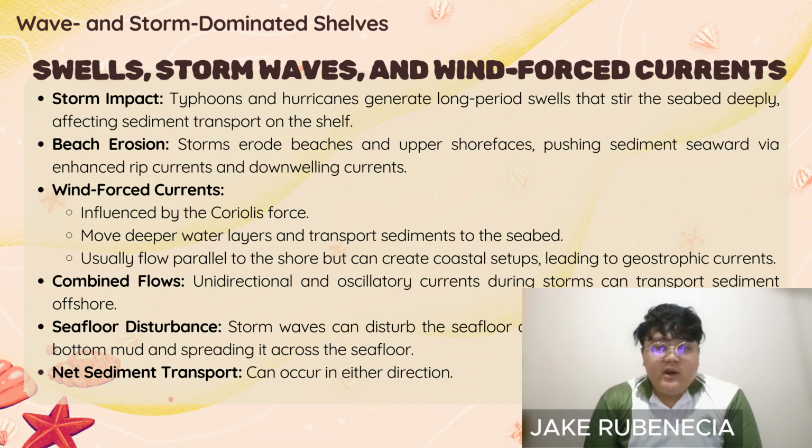When unidirectional and oscillatory currents work together, they are known as combined flows. Tropical storms and hurricanes with strong onshore winds can create higher coastal setups and stronger seaward currents than seasonal storms. These currents can reach velocities up to 2 meters per second on shelves and in submarine canyons.